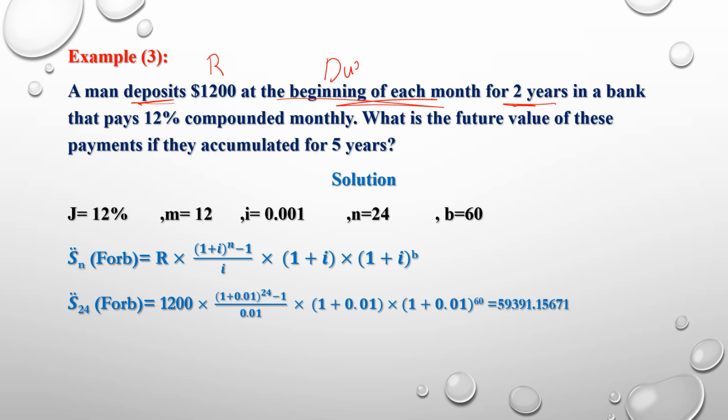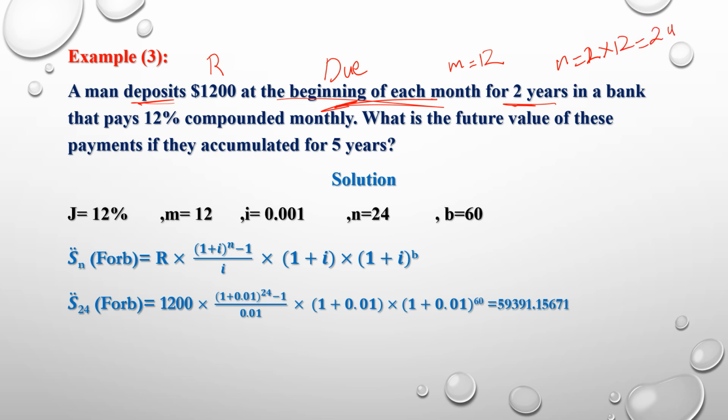annuity, as it's made at the beginning of each month, and each month means M equals 12. For 2 years, this would last for 2 years, so N equals 2 years times 12, so N equals 24.